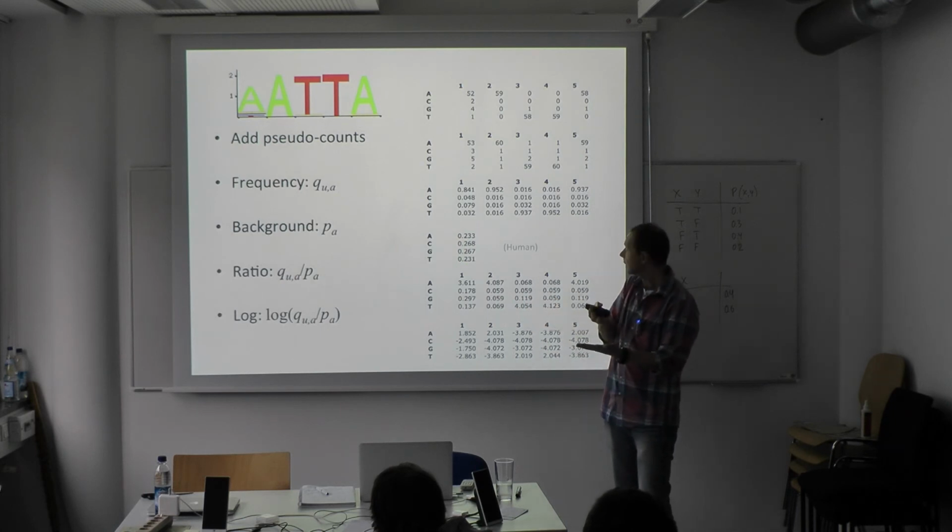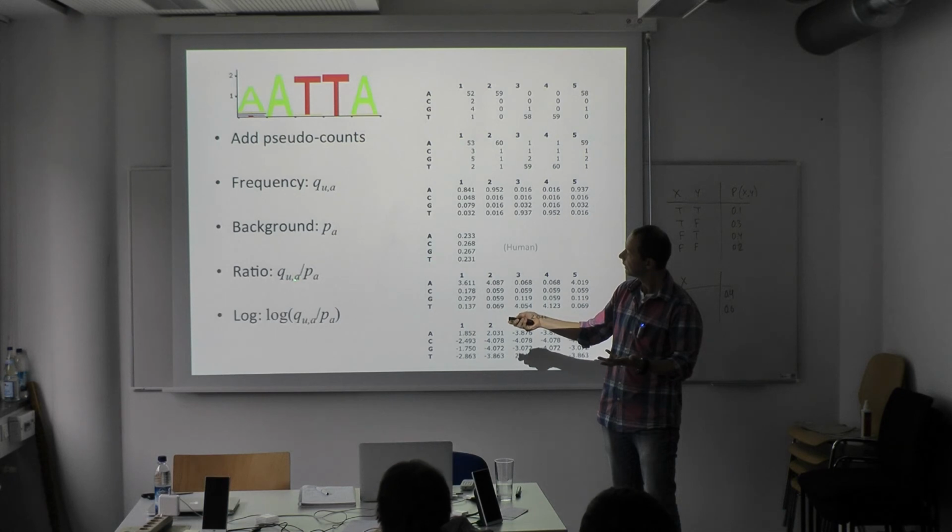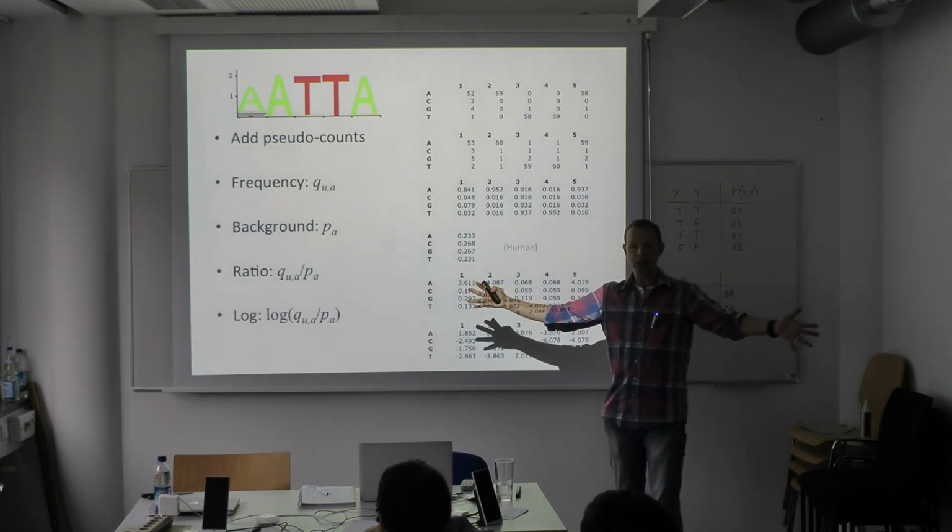So in order to do that, we can use something like an odds ratio between the foreground frequency of a particular letter at a particular position divided by the frequency of that same symbol, generally speaking.